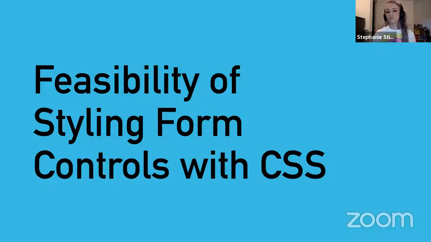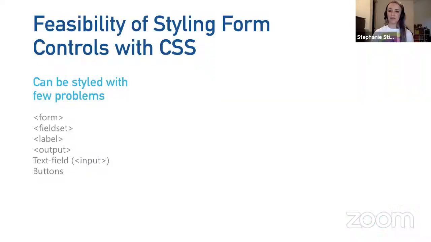And so MDN Docs has some great documentation around form controls and their stylability, and I've sort of bucketed them out into three categories to assess the landscape currently of working with controls. And so this first bucket, these form controls can be styled fairly easy. You're most likely not going to run into any issues when you try to style them with CSS.